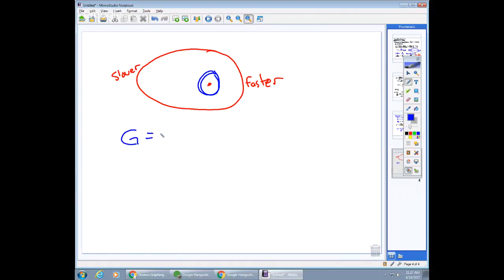G is equal to 6.7 times 10 to the negative 11th Newton meter squareds per kilogram squared. So G has a kind of crazy thing going on there. I also need, if I'm talking about the International Space Station, the mass of the Earth. And the mass of the Earth is approximately 5.972 times 10 to the 24th kilograms.